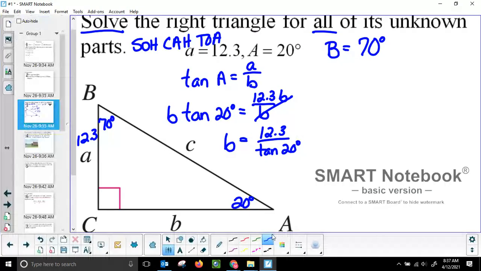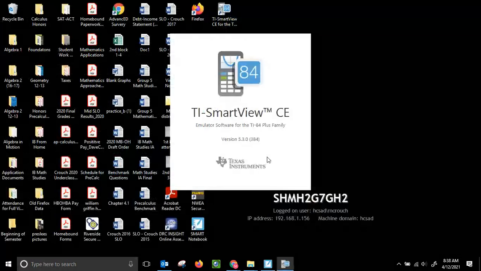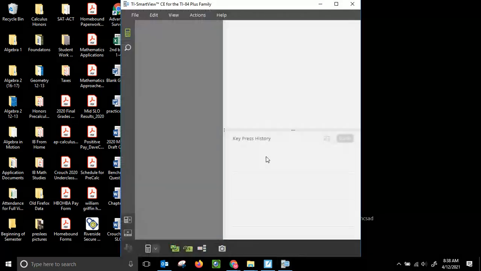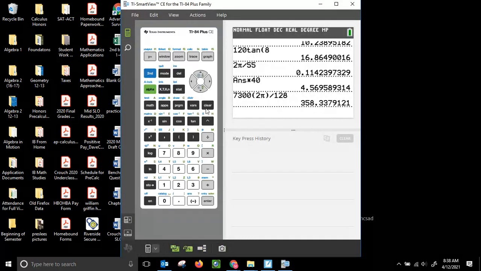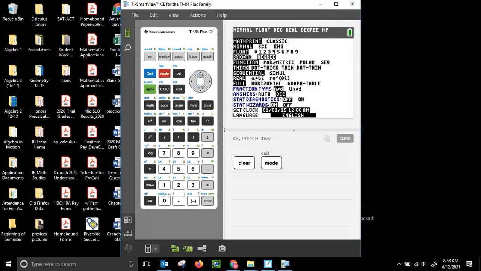All right, so I will first pull up my handy dandy calculator. Remember, we are dealing with tangent of 20 degrees, so we do want to check and make sure that our calculator is in degree mode, and it is.